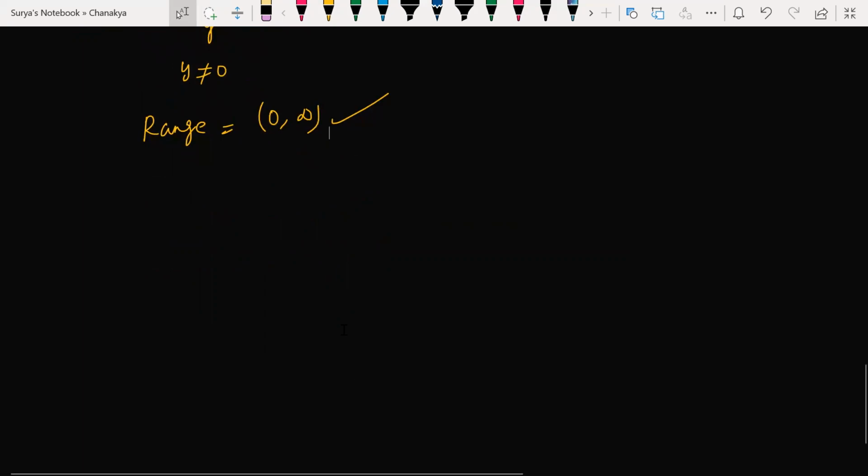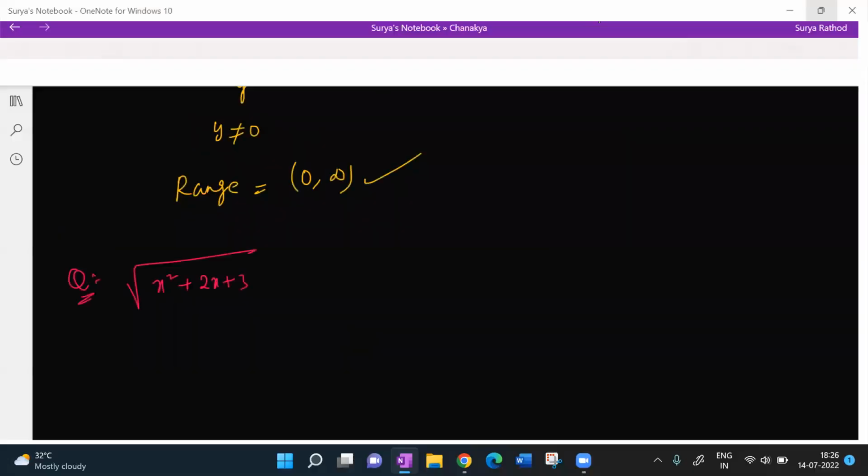Okay, beta. So the next question is square root of x square plus 2x plus 3. Find out the range of this. Quick.